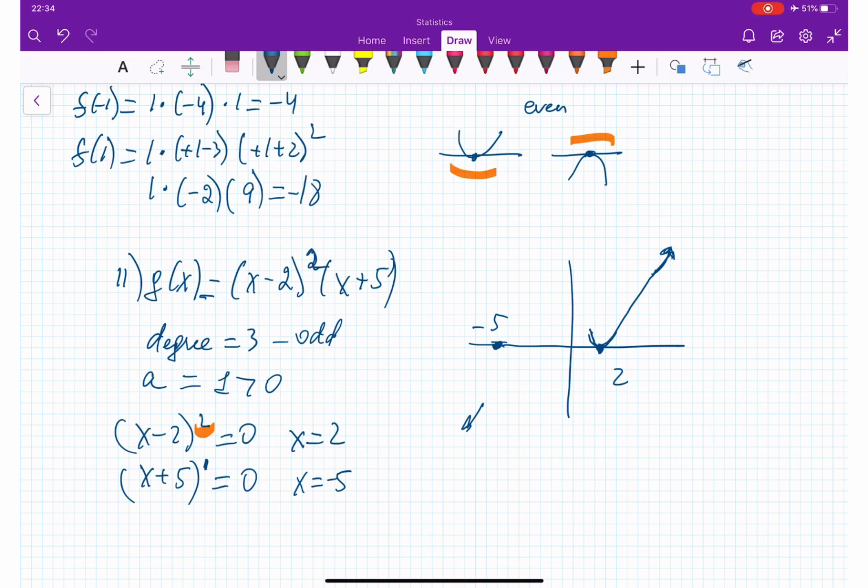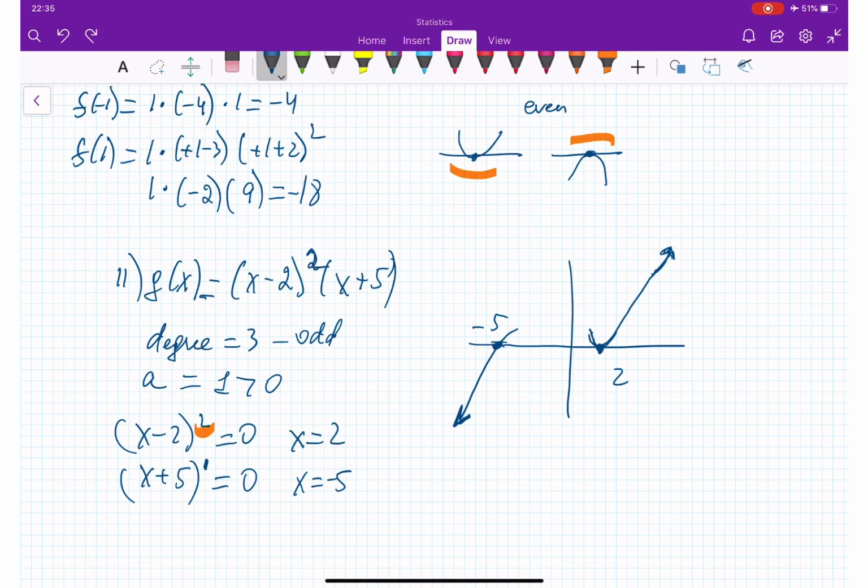And it's going to cross this way because end behavior is on this side, right? Obviously it's going to be either crossing like this, or it either crosses like this. So which way it will go, we have to pick up some point and explore.